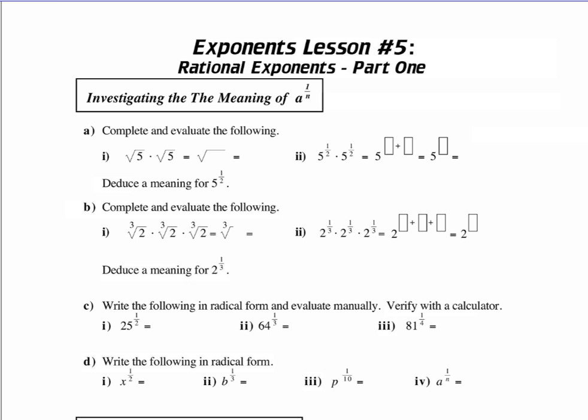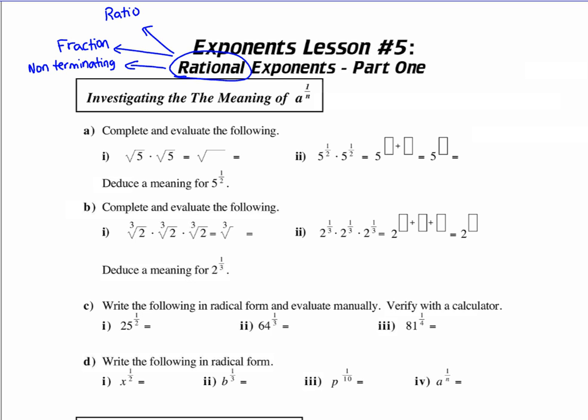So let's first talk about the word rational. What do you remember about the word rational? Ratio. Another word for ratio. Oops, I wrote ration. Well, what type of decimal? Non-terminating.